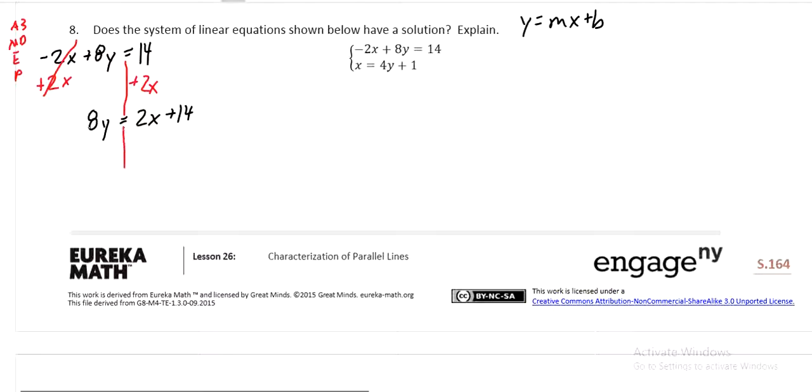I remember that 8y means 8 multiplied by y, so I'm going to divide by 8. When I divide or multiply, I have to do it to the entire side. So this entire side was divided by 8. That makes sense because that's the only thing on this side. But over here I have to remember that the division bar goes all the way across this side, so everything here is being divided by 8. So this will cancel out.